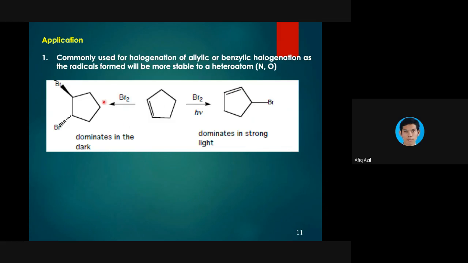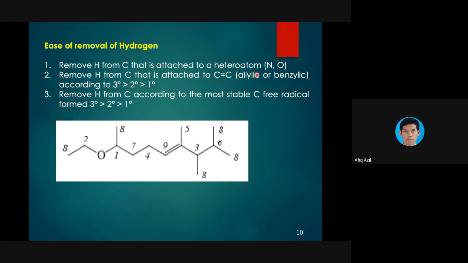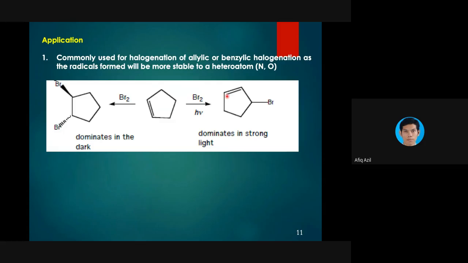So this is an example of an electrophilic addition reaction, an addition reaction in which the double bond will be broken, while this one is a free radical substitution reaction. If you look at where this bromine is added, it actually follows the same rule over here, which is the second one: remove hydrogen from C that is attached to C double bond C. So this is C double bond C, and you have 2 other carbons.